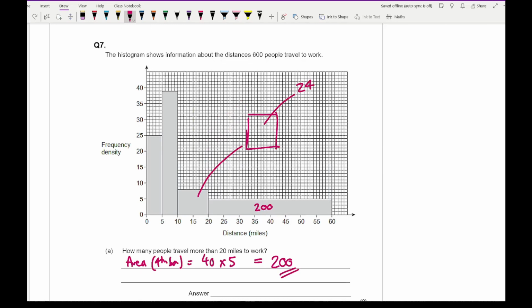I know that this starts at 20, but I don't know what the width is. So let's put a little question mark. And I know that the height of the bar is 8. So if I do 24 divided by 8, that equals 3. So that means that the distance must be 3. And 20 take away 3 equals 17. So how long does it take me to get to work? It's going to be 17 minutes.